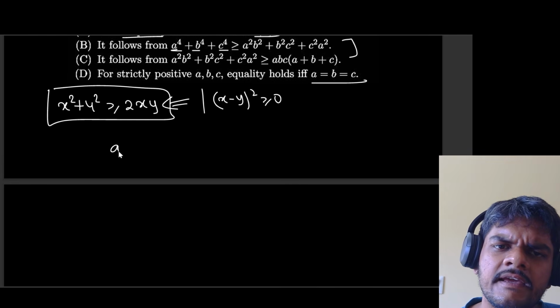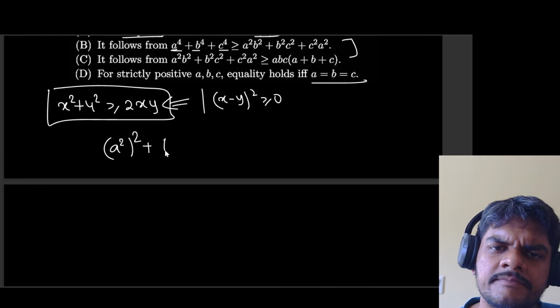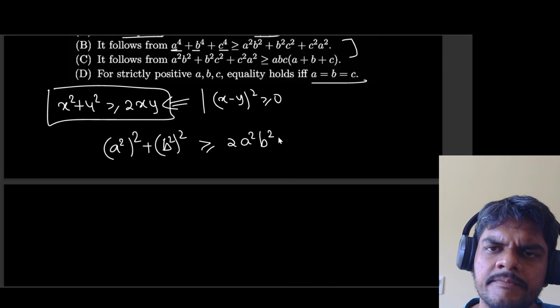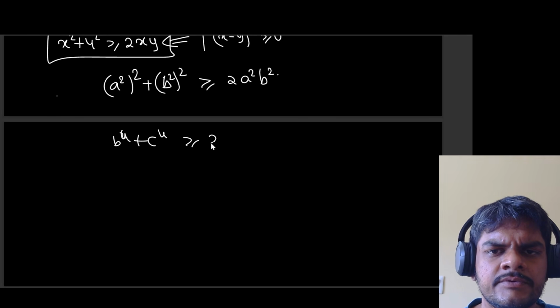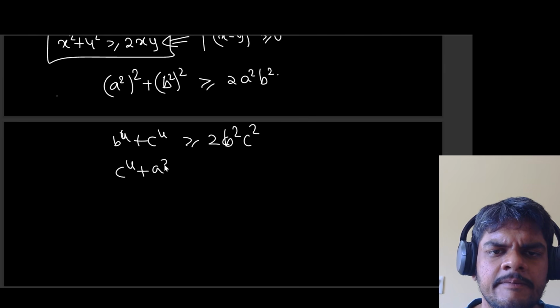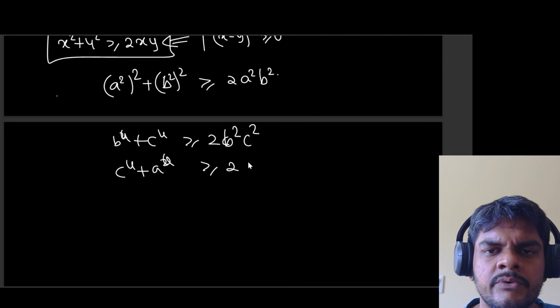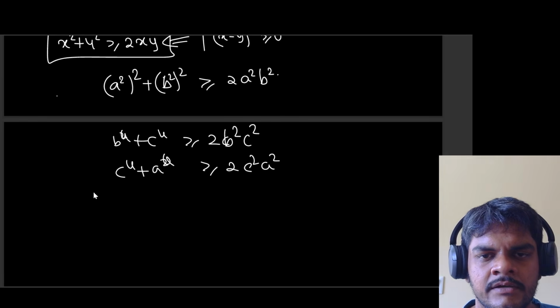So can I say a square whole square plus b square whole square is greater than or equal to 2a square b square? So from here, I can also write that b power 4 plus c power 4 is greater than or equal to 2b square c square, and c power 4 plus a power 4 is greater than or equal to 2c square a square.